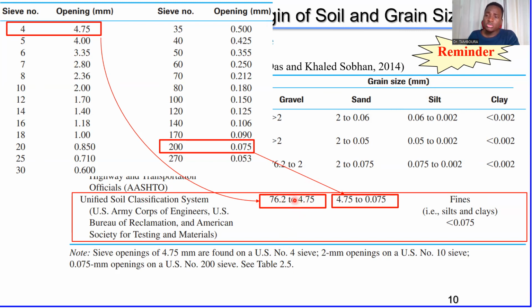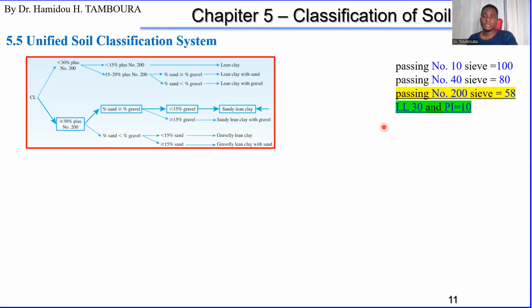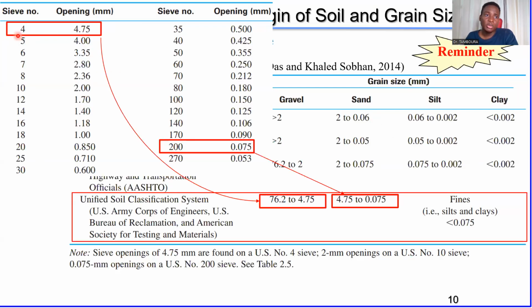So if we want to know the percentage, the amount of gravel, we should check the percentage retained by sieve number 4, which has an opening of 4.75 millimeters. Remember that. So in our case, we check the percentage of soil retained on sieve number 4, which is the opening size of the bottom limit of gravel size.